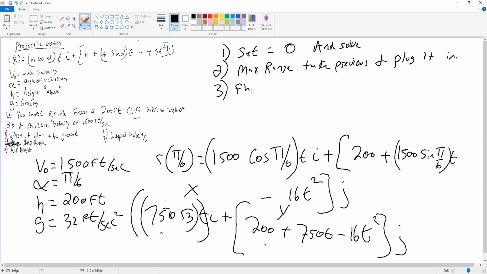So find y prime, aka the derivative, and set the derivative equal to 0. And if you want to find the impact velocity, you plug in the time that it hits the ground into the derivative, y prime.